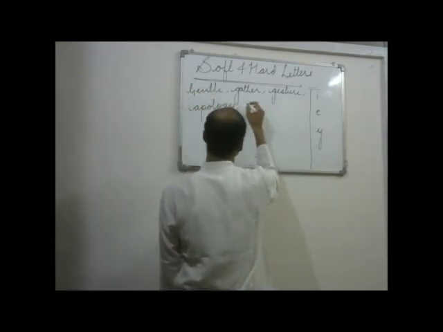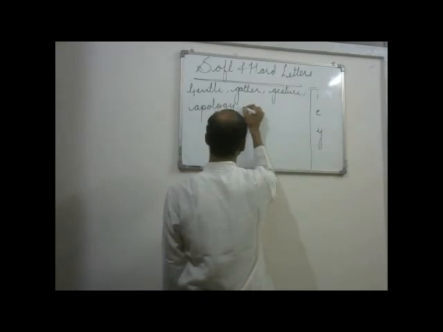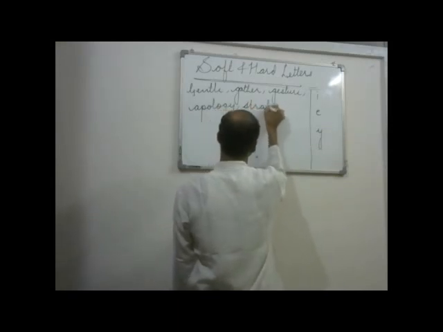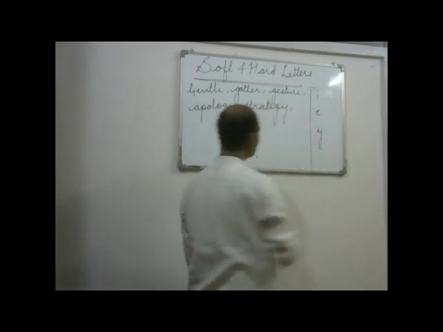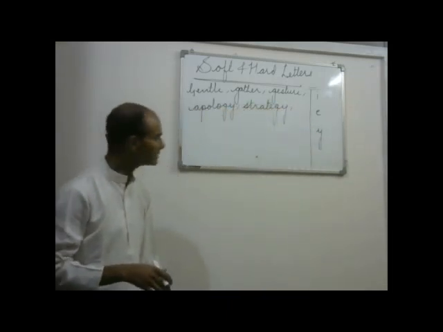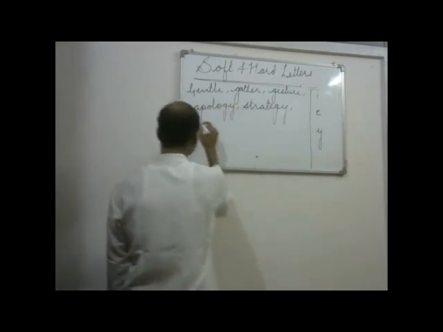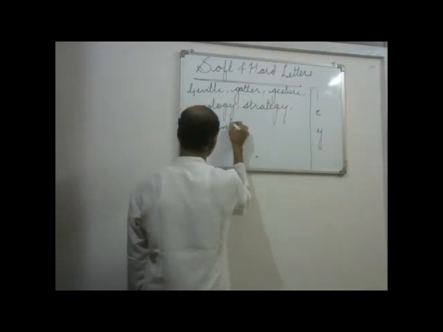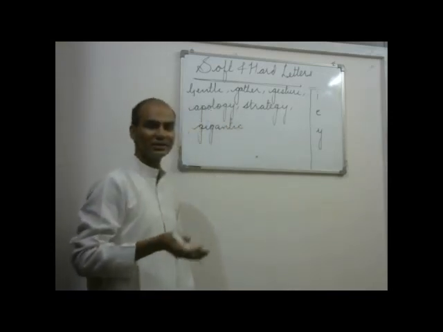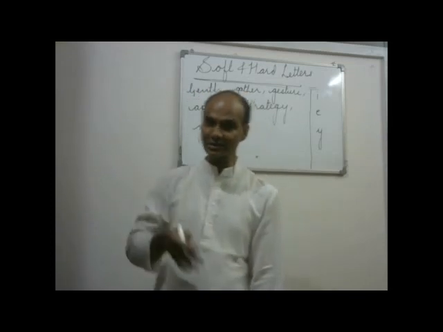You can see strategy, with a J sound, right? Similarly, gigantic. So one is J and the other is G: gigantic.